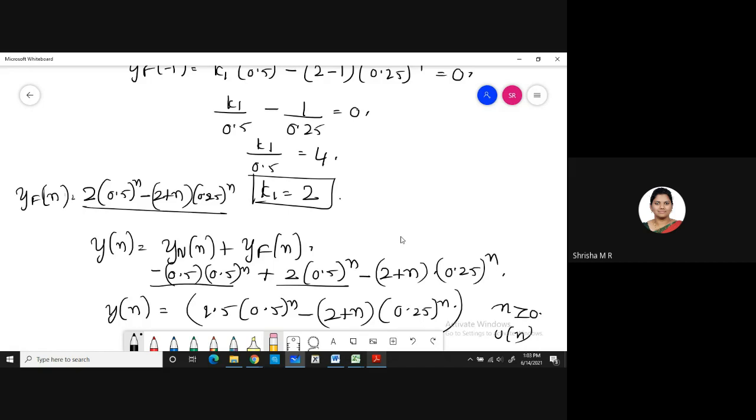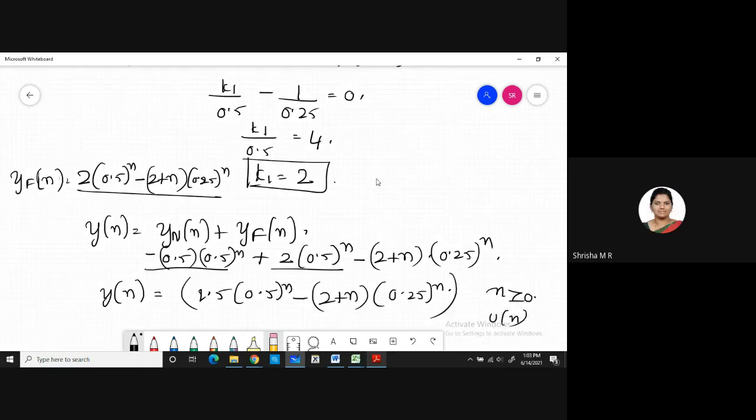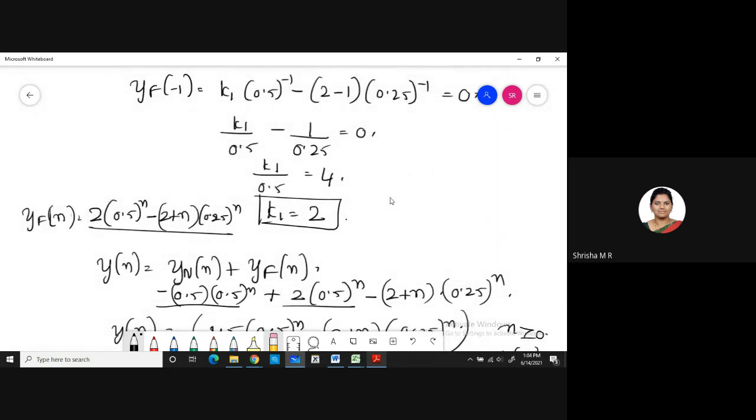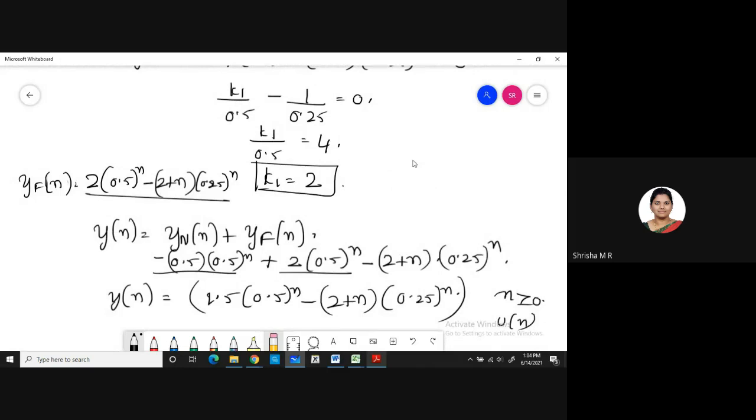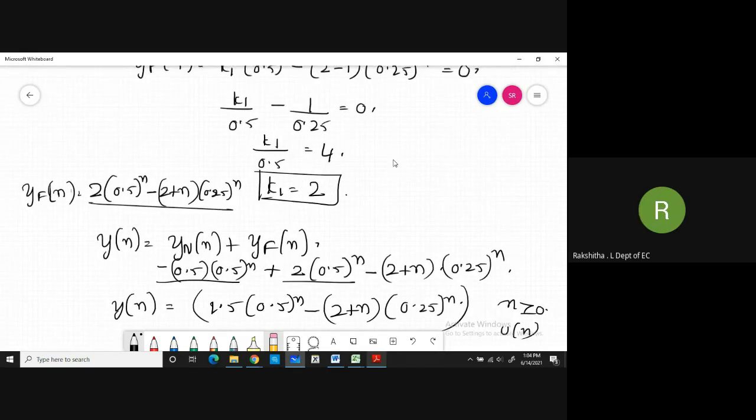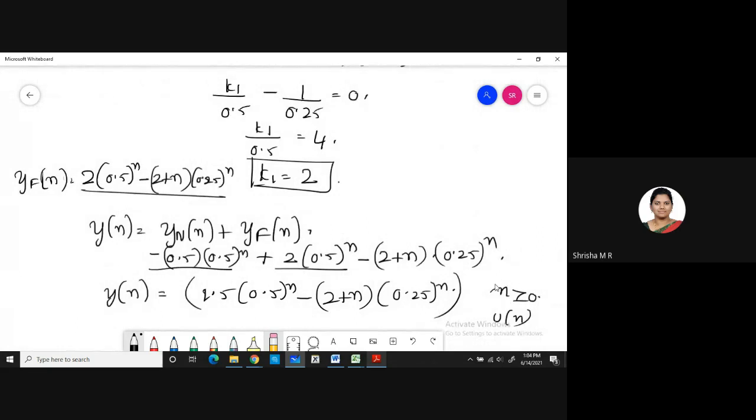Is it clear? Are difference equations clear, everyone? Yes, ma'am. What about others? Clear? Do you have any doubts? Ma'am, we have to write into u of n, right, ma'am? Yeah, into u of n you can write, or you can write n greater than or equal to 0.